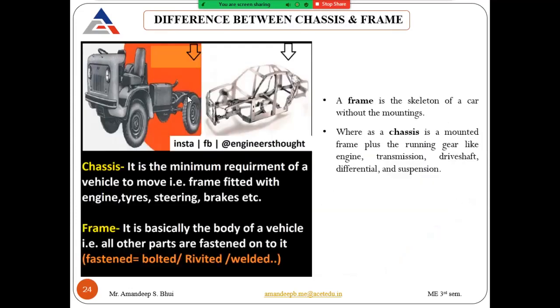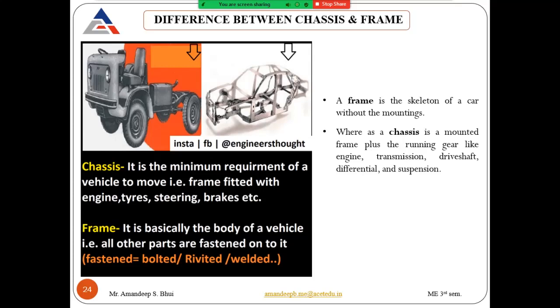Now, the question comes: what is the difference between a chassis and a frame? Now, the chassis, you can define it as the minimum requirement of a vehicle to move it. So what is the minimum requirement?